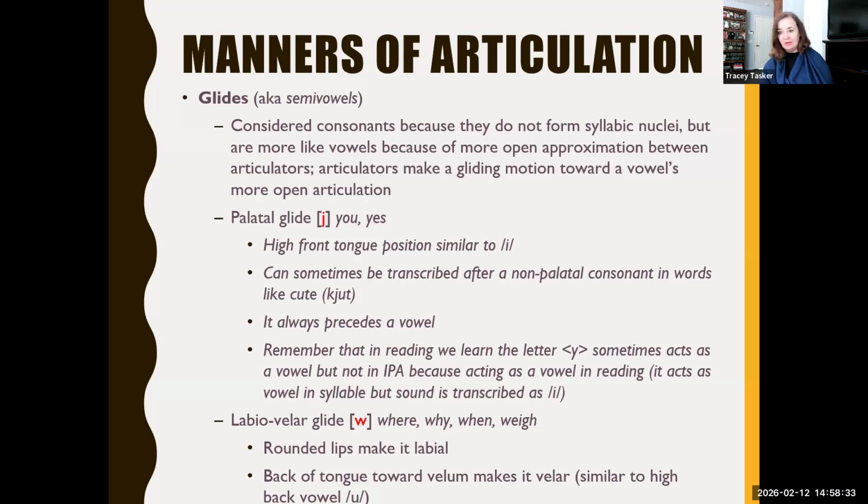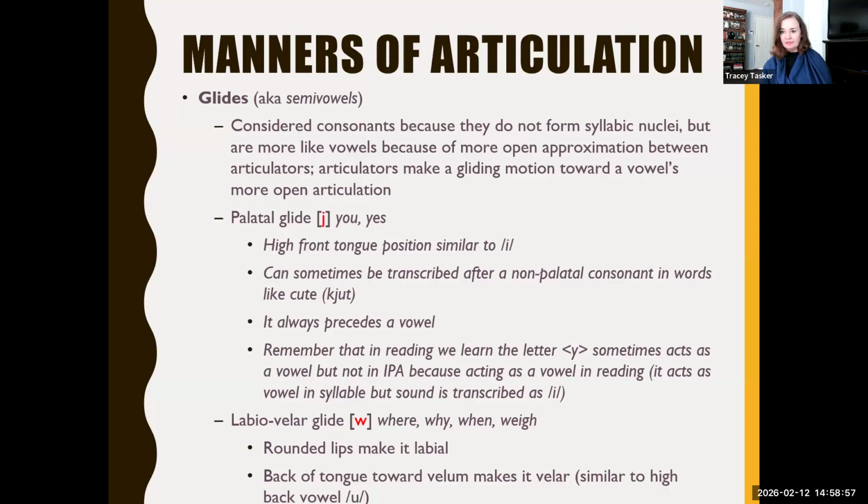A, E, I, O, U, and sometimes Y. Don't get confused, because in this case, we are not referring to this as a vowel. In IPA, it's not acting as a vowel. In reading, it does act as a vowel.